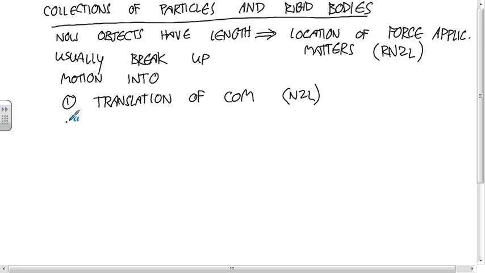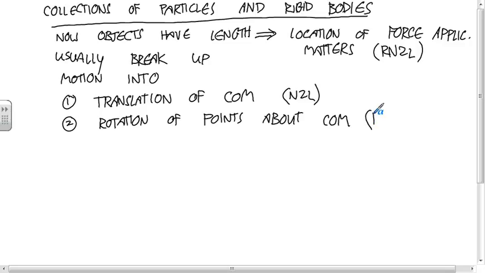And then the rotation of points about the center of mass. We're not always going to do this, but this is an approach that you always could do. This always works. I'll give you one other way to do it that simplifies things in the cases that you can use it.